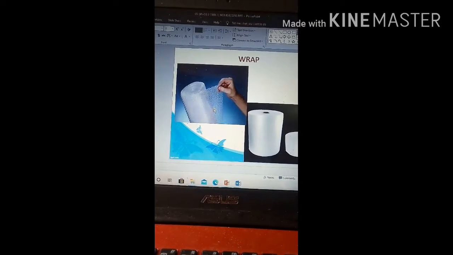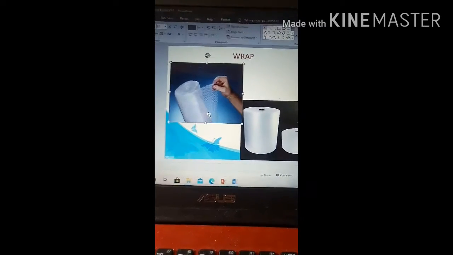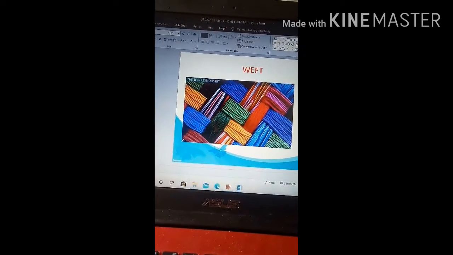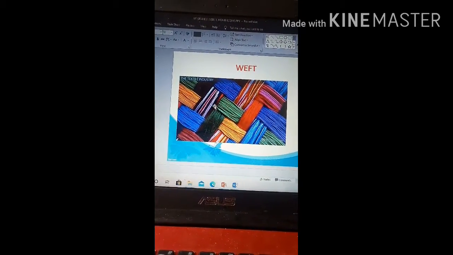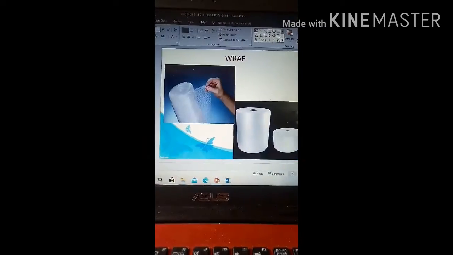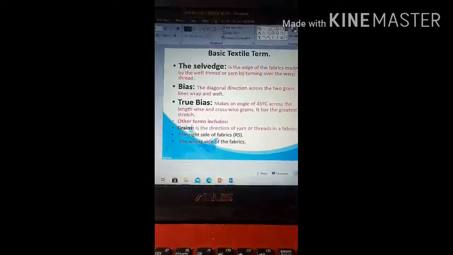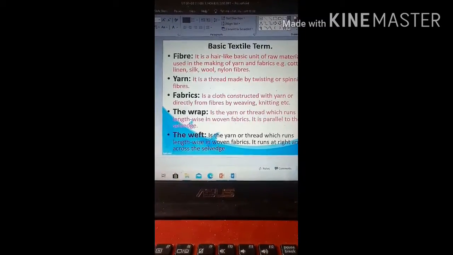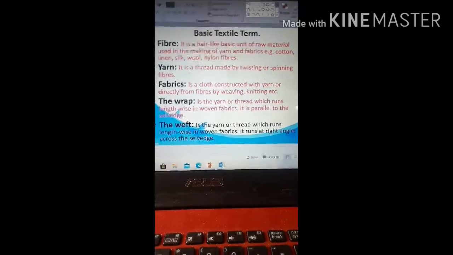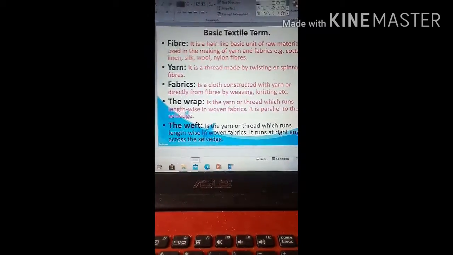This is an example of warp. Then this is the weft. Let's check the definition of the weft. Weft is a yarn or thread which runs across in a woven fabric.